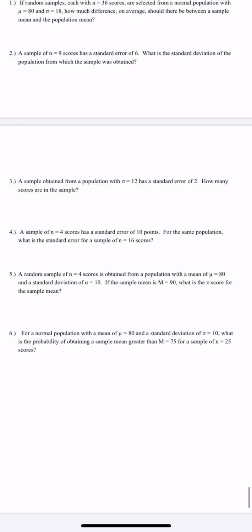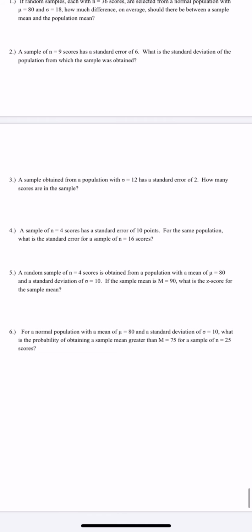It's coming from the same population, and we're finding it for the original 4 scores. So that would be 10 times the square root of n, which is 2. So 10 times 2 equals 20.